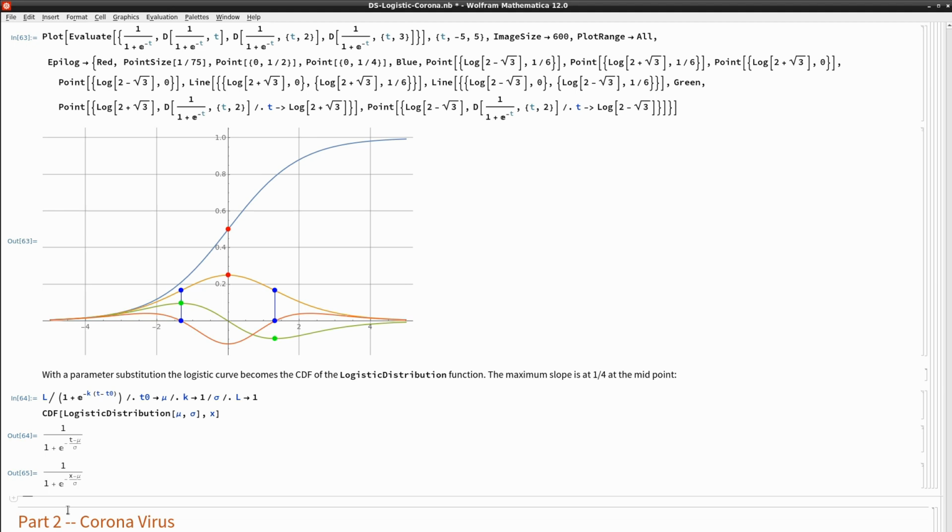And at this point, I emphasize that a CDF type of thinking, a cumulative thinking, is quite appropriate here because the numbers that are reported are simply totals. It's the total number of infected people, the total number of deaths, the total number of confirmed cases. So we're not looking at the daily increments.